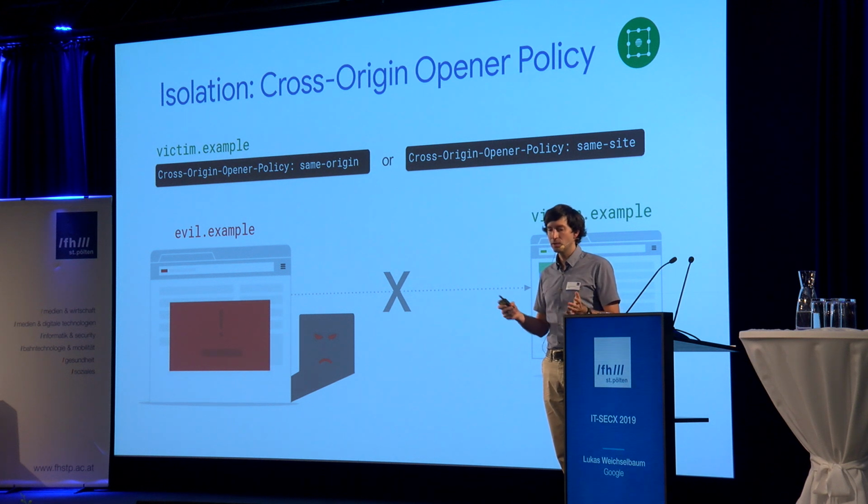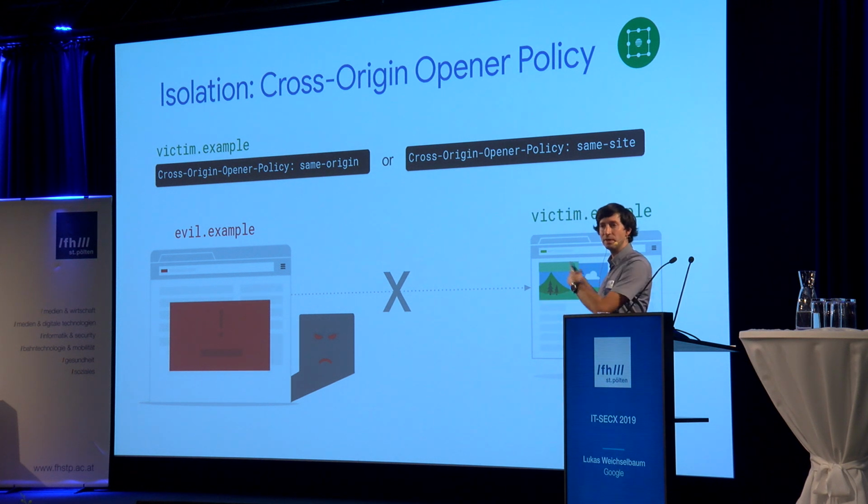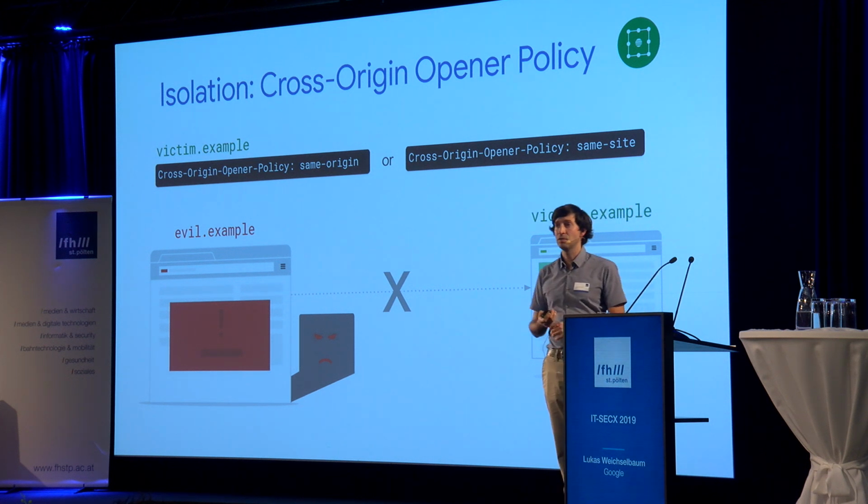So evil.example can still open that window, but it will not have this reference anymore. That means all the attacks we talked about on the two slides before will not work anymore. And browsers that don't have proper process isolation will also be able to put these two windows into two different browsing contexts, protecting against Spectre.